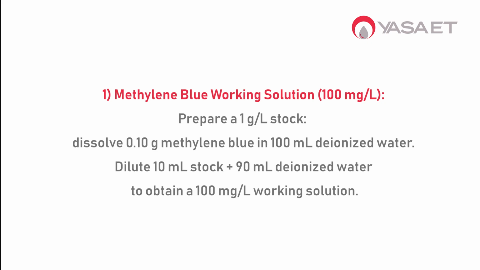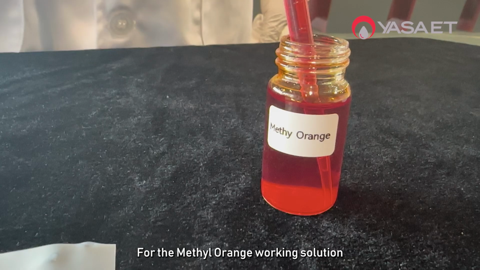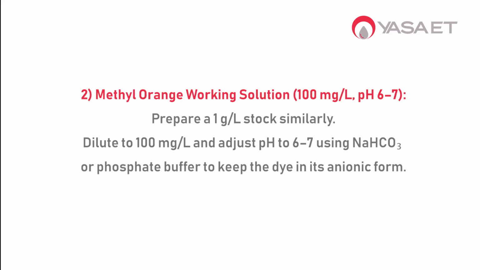Dilute 10 milliliters stock plus 90 milliliters deionized water to obtain a 100 milligrams per liter working solution. For the methyl orange working solution, prepare a 1 gram per liter stock similarly. Dilute to 100 milligrams per liter and adjust pH to 6 to 7 using sodium bicarbonate or phosphate buffer to keep the dye in its anionic form.